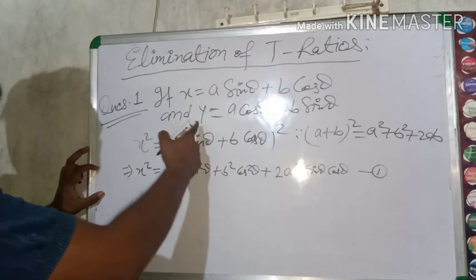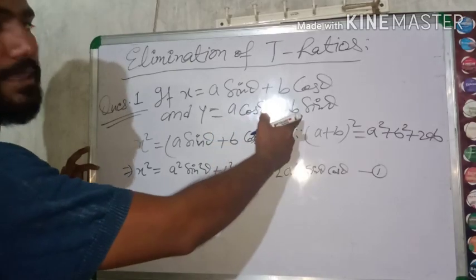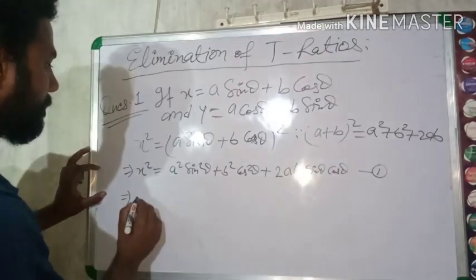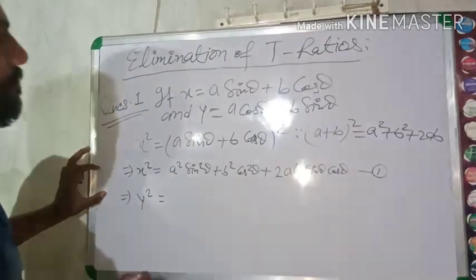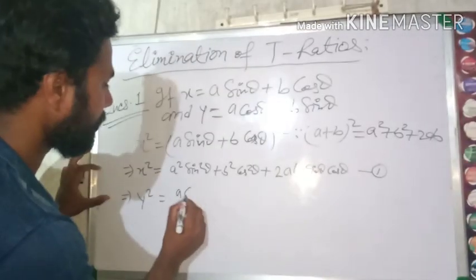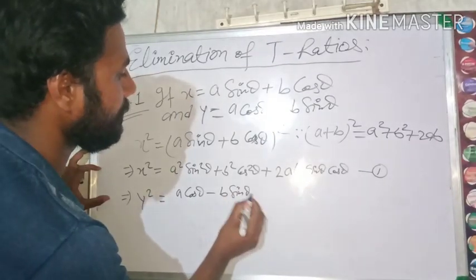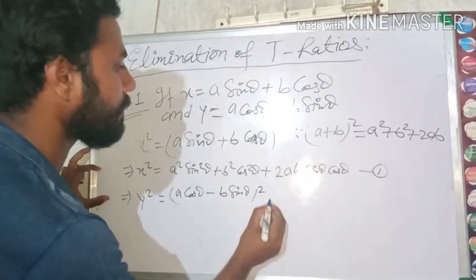Given that y is equal to a cos theta minus b sin theta, this implies y square is equal to a cos theta minus b sin theta whole square.